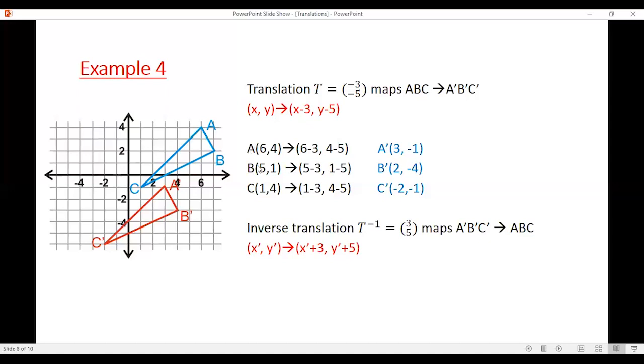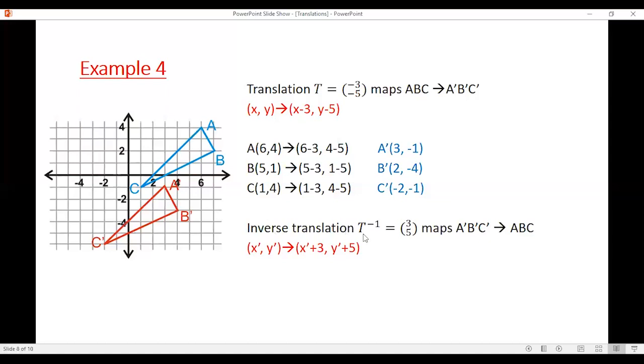We have the vertices of the triangle ABC, and we get the vertices of the triangle A prime, B prime, C prime. Which will be the inverse translation?